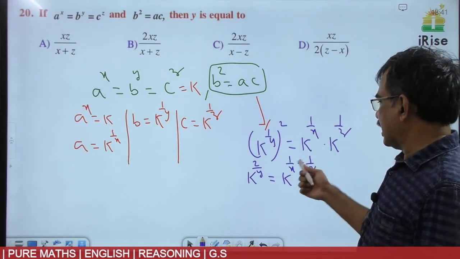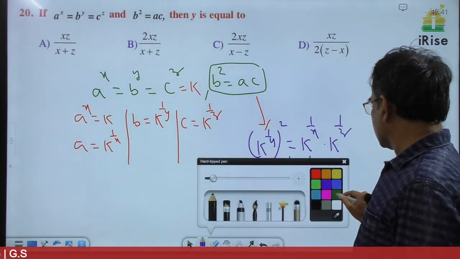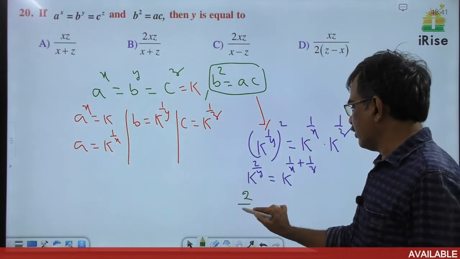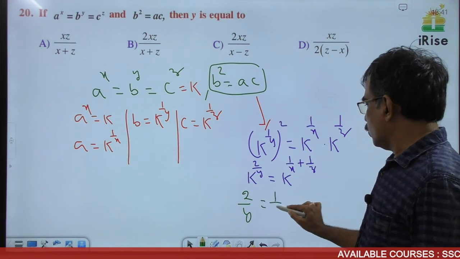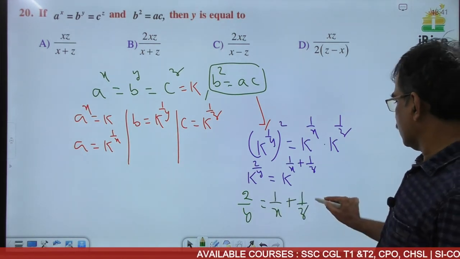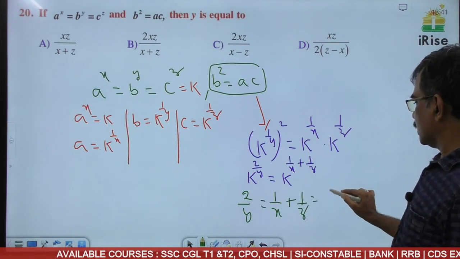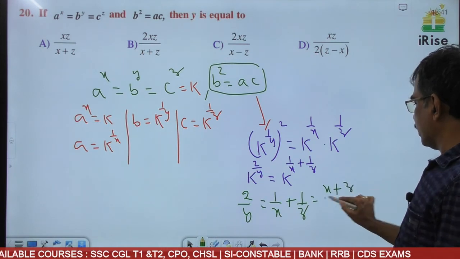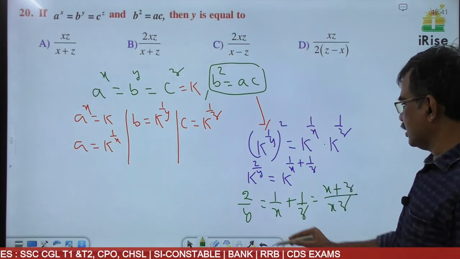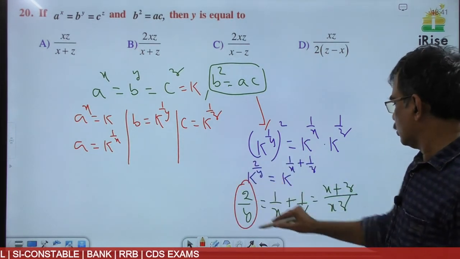Here powers can be added, as the bases are same. So I want to write this condition as 2 by y is equal to 1 by x plus 1 by z. Please check the answer. This can be written as x plus z by xz is equal to 2 by y.